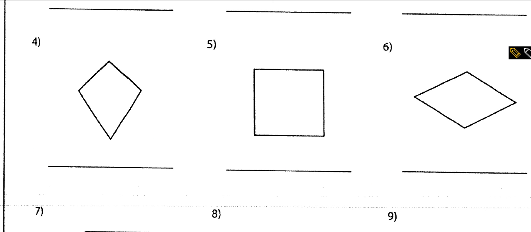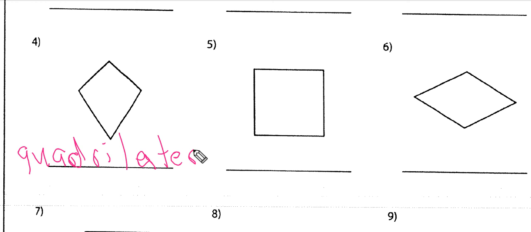All right, number 4. What's that one called? Let me ask you this: are all 4 sides the same length? No, it's just a quadrilateral. By the way, if you thought of saying, "Oh, it's a diamond," that's not the name of a shape.